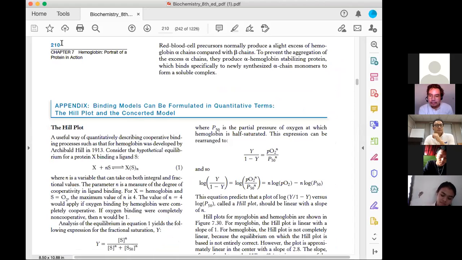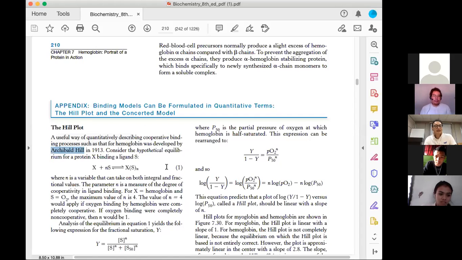If you go to page 210, you see the Hill plot. The Hill plot was developed by a Nobel laureate called Hill in 1913.